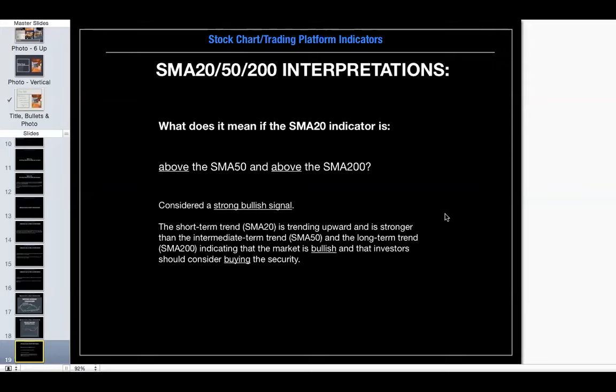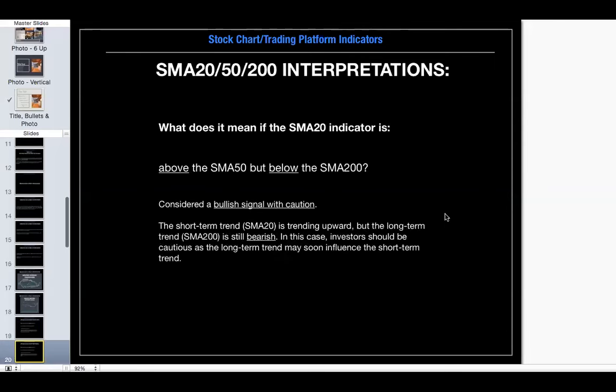The short-term trend, the 20, is trending upward and it's stronger than the intermediate term trend, which is the 50, and the long-term trend, which is the 200, and it's indicating that the market is bullish and investors, traders should consider buying whatever security they're trading, right? So if the 20 is above the 50 and it's above the 200, it's a bullish trend, right? If you're trading options, buy calls, right?